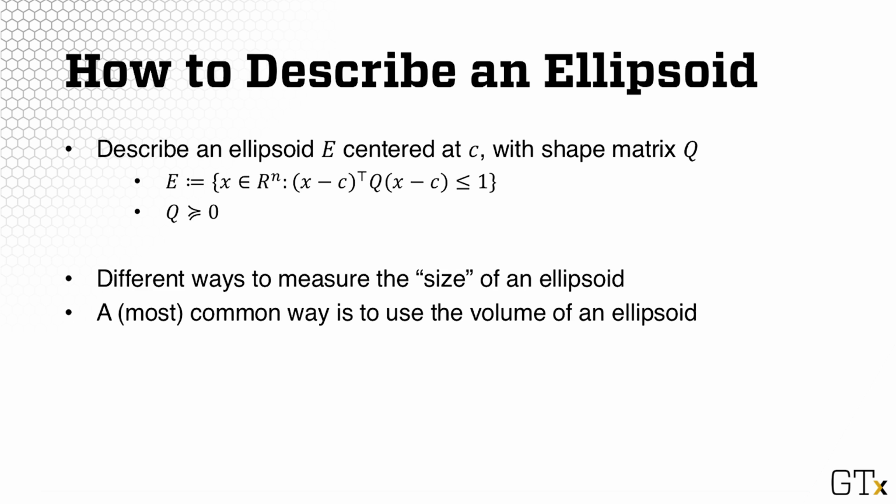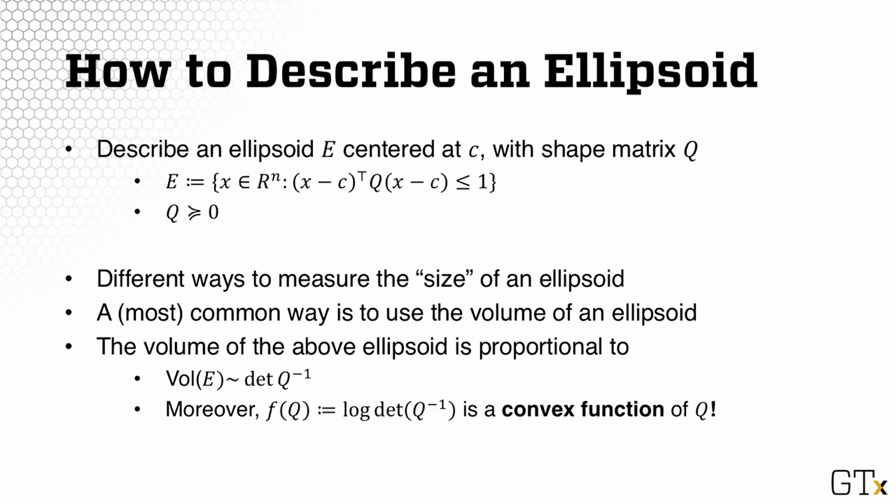It turns out the volume of an ellipsoid is proportional to the determinant of the inverse of the shape matrix Q. In other words, if the determinant is big, then the ellipsoid has a larger volume.